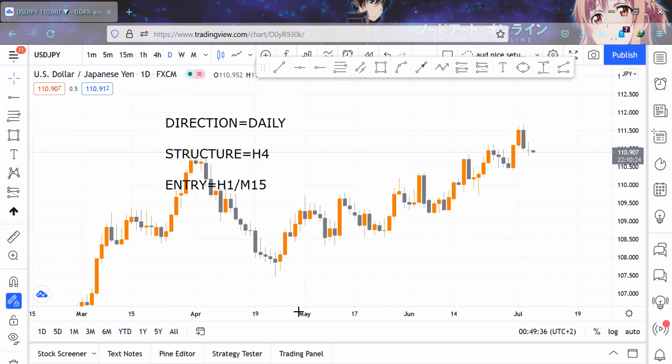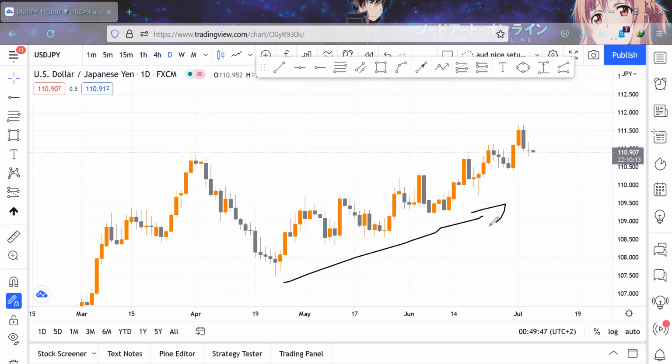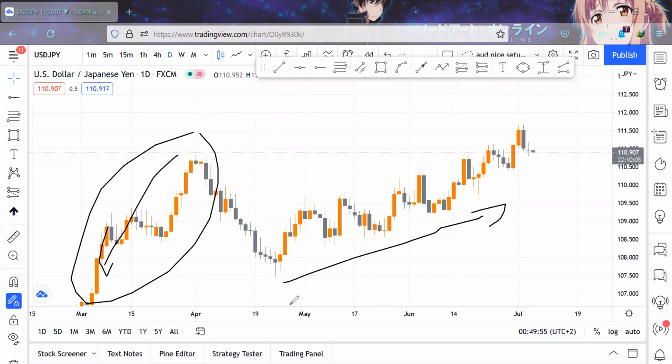Now, looking at this pair USD JPY, we can currently see that the market is pushing to the upside, right? And using past data here, we can also see that it could also have been in an uptrend.